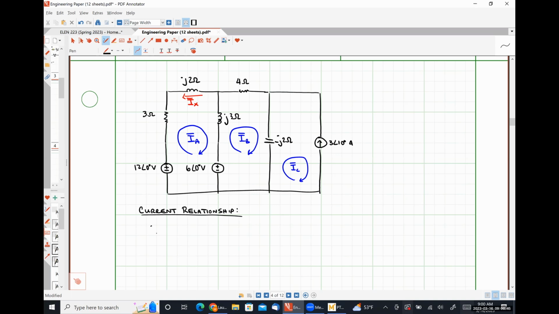So in this case, I am trying to relate 3 angle 10 degrees amps to some combination of my mesh currents.